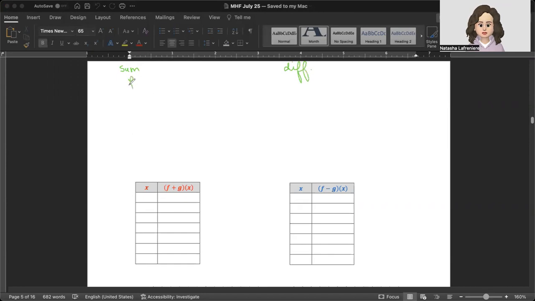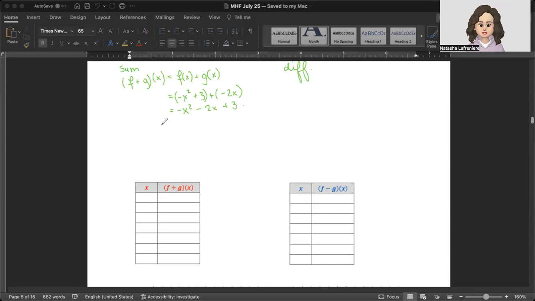So the sum is f plus g of x, which is equal to f of x plus g of x, which is equal to negative x squared plus 3 plus negative 2x, which is this.